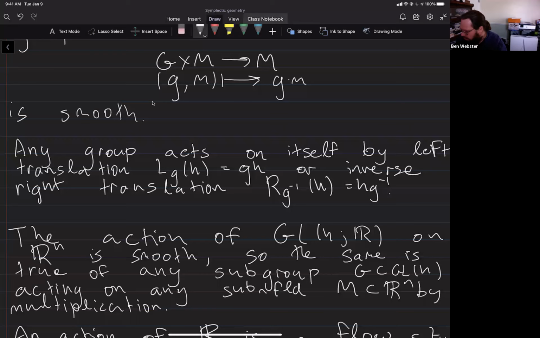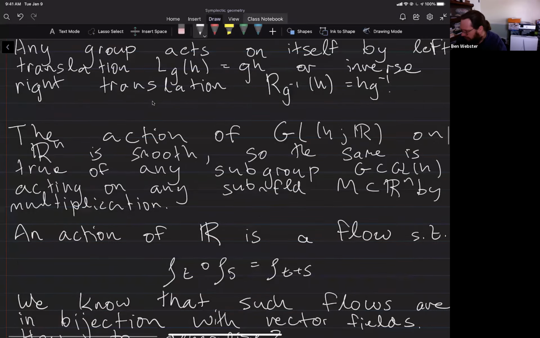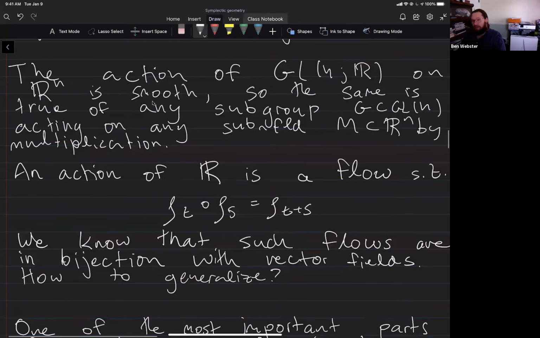Now, we've actually already talked a lot about one particular example of an action, which is a flow. So an action of R on a manifold is assigning a diffeomorphism to every element of R that satisfies this homomorphism condition.